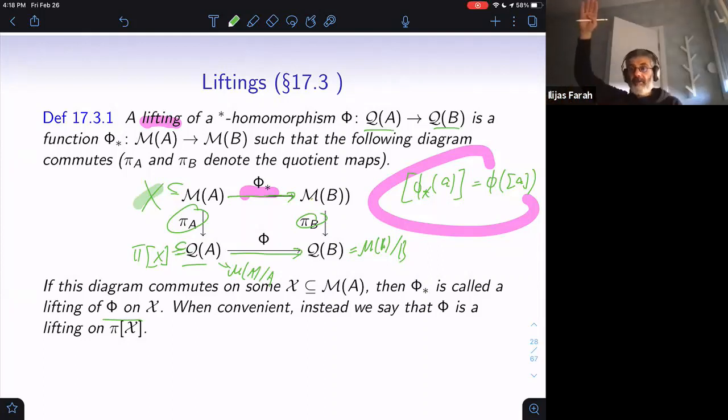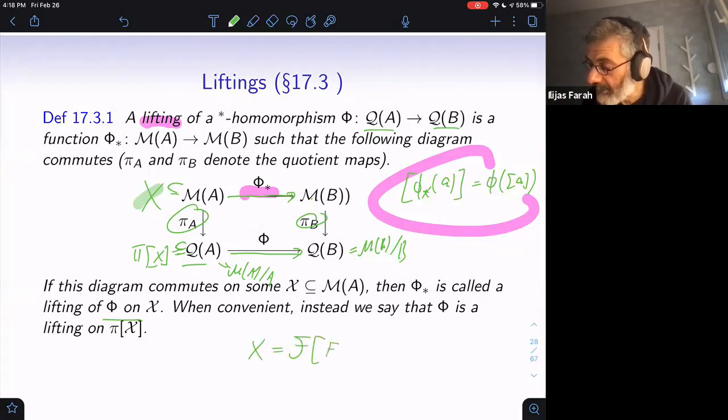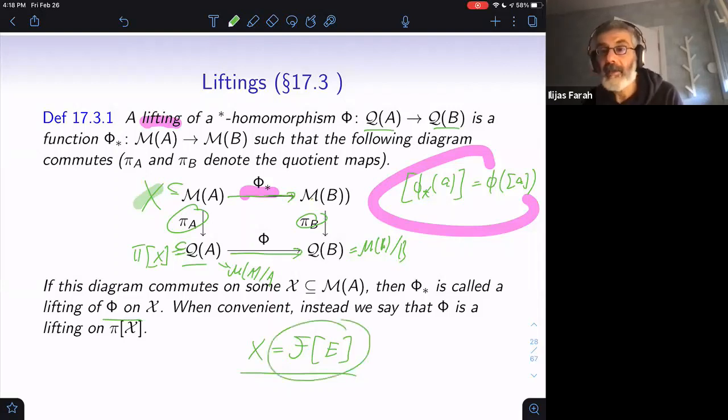So behavior on any bounded ball is completely homothetic, if you want, to what happens on the unit ball. And second, one case that we'll be looking at a lot is the case when X is F of E, so we'll be trying to find liftings on Banach subspaces of this form.